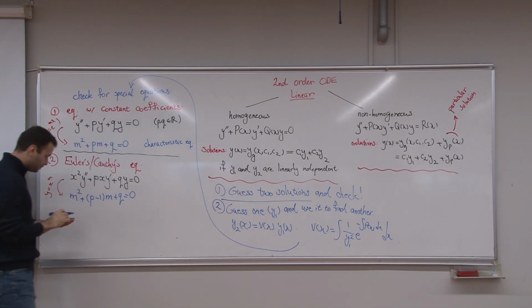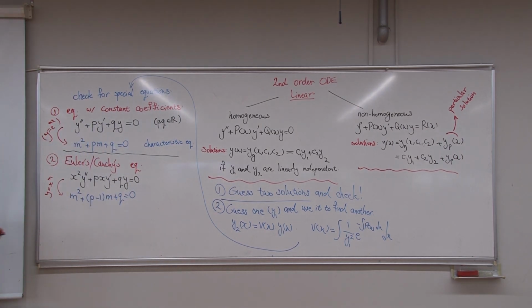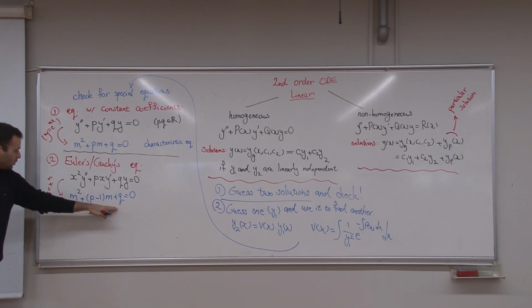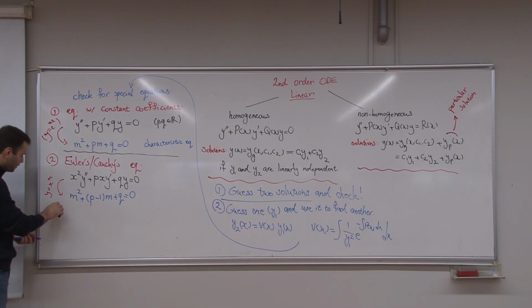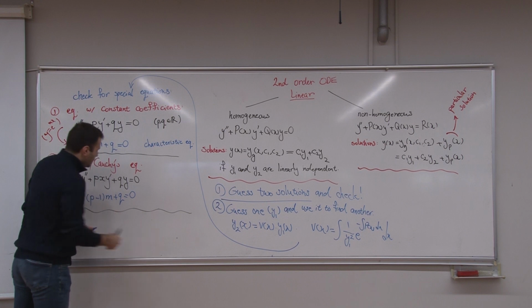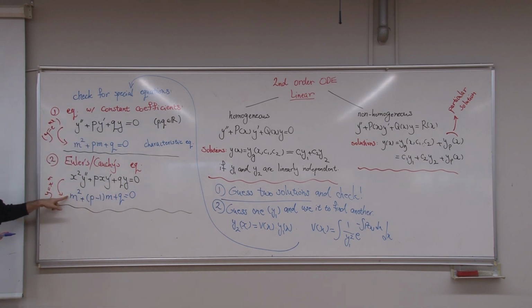Again, it is the same story. When we had two real, distinct roots for this equation, what was the general form of our solutions? I calculate the roots and have two real different roots, m1 and m2.